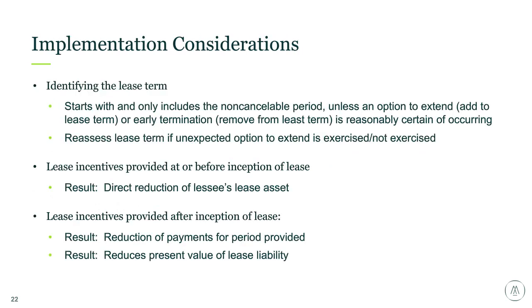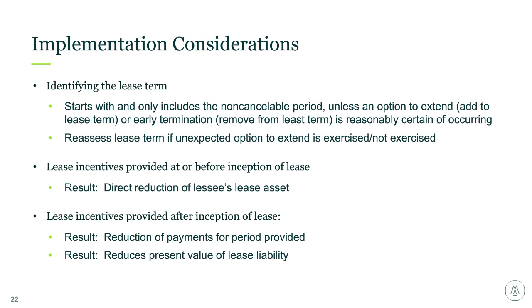Now, once you're actually analyzing each lease for the standard implementation, as I mentioned earlier, sometimes identifying the lease term might be the most difficult part. So you really need to look at what is the piece that is non-cancelable, what is the piece that perhaps has options to extend or terminate, and then that judgment call is, are these reasonably certain of occurring?